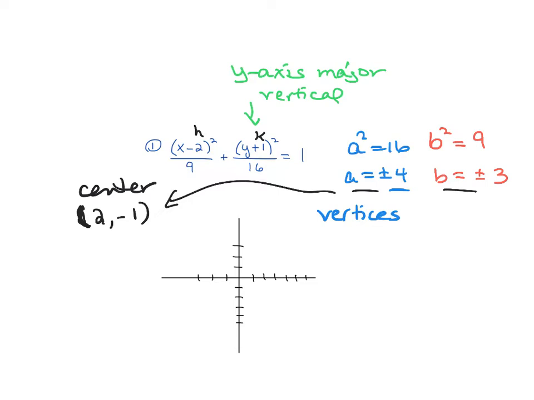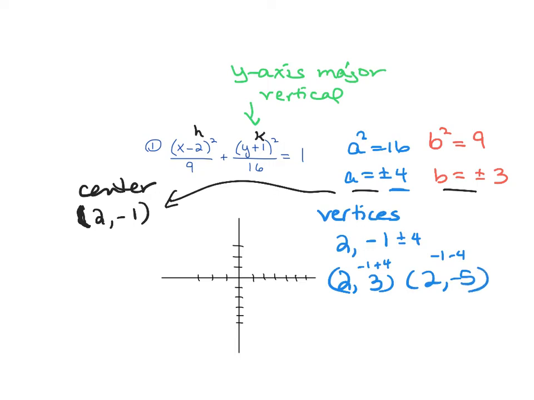So I'm really going to be doing 2, and then here is my center, -1, and to that -1 I'm going to both add and subtract the 4. So my first ordered pair, when I do -1 plus 4, I get 2, 3. When I do -1 minus 4, my other vertex is at 2, -5.